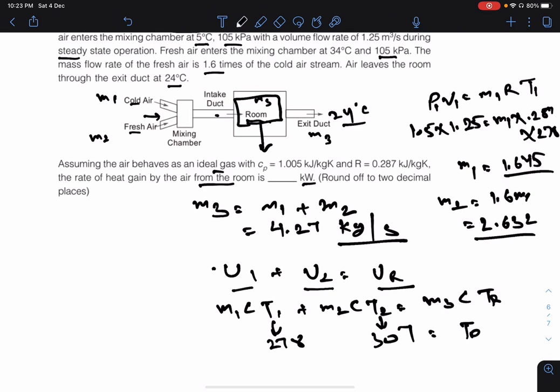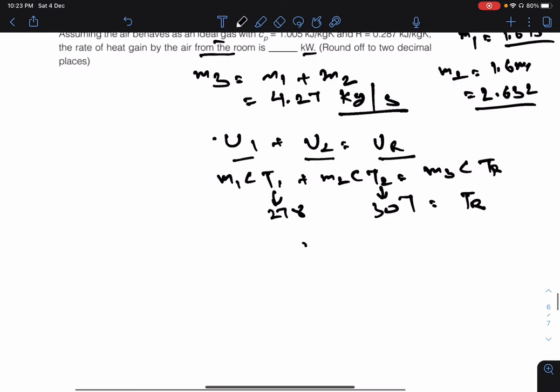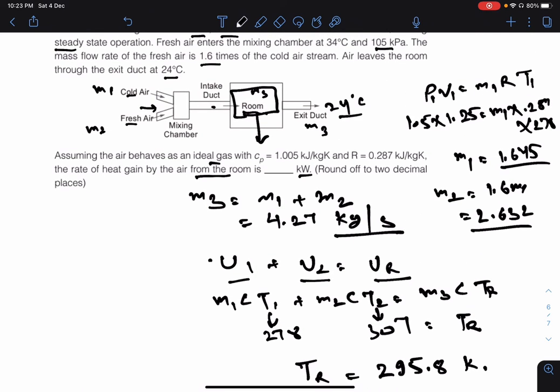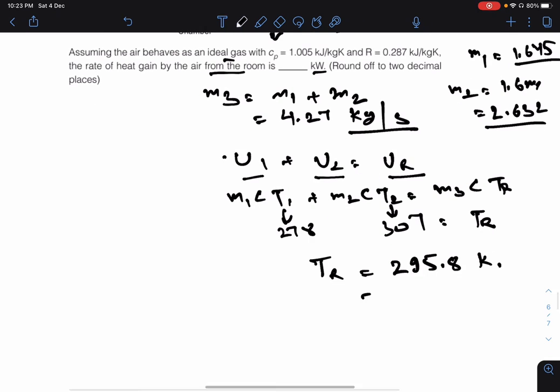So we can find out temperature TR at this point. So that will come out as 295.8 Kelvin.